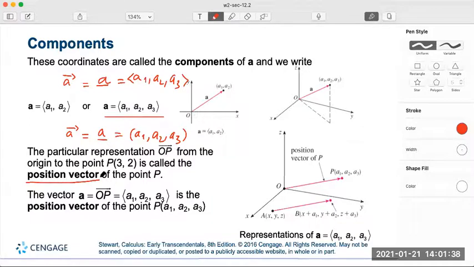So OP is the position vector of the point P(3, 2) in this case. If the point P is given like this in the coordinates, then the vector connecting the origin to that point is the position vector. Okay, just some new things. So just definitions, right? Let us move on.